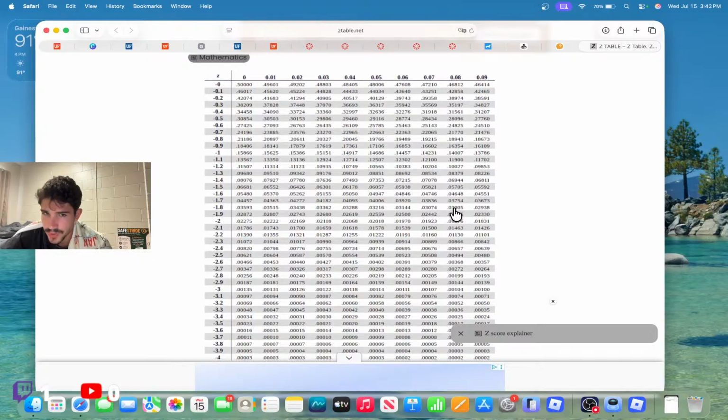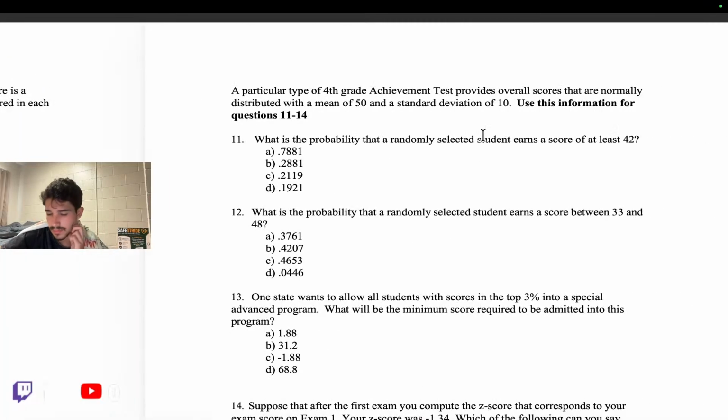Now that we have the z-score, we can work backwards into getting the x. So we know negative 1.88 is equal to x minus 50 divided by 10.